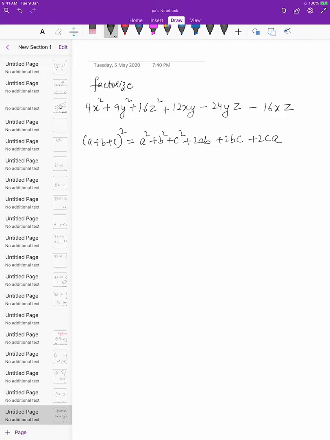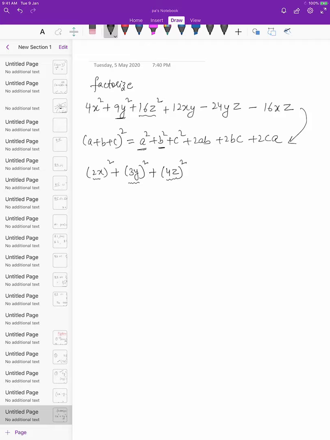We need to check whether the given expression is exactly of this format or not. So in place of a square, what can I write? (2x) whole square, because 4x square can be written as (2x) whole square. So our a will be 2x. Similarly, in place of b square, I can write (3y) whole square. So our b in this case will be 3y. c square can be written as (4z) whole square.